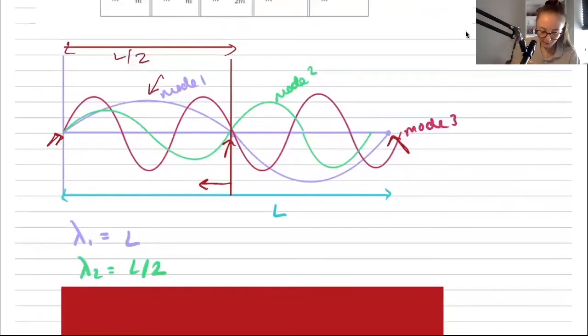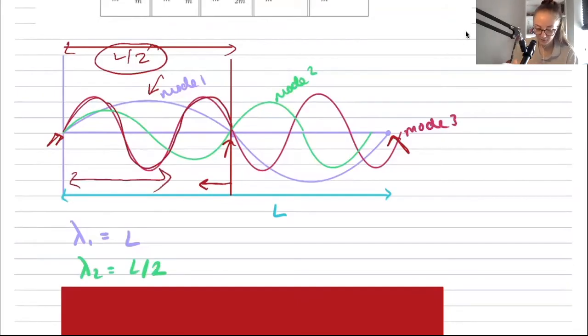And then finally, we have 3 half wavelengths, but in this L over 2, remember. So the wavelength here would be 2/3 of this L over 2 length, which is L over 3. So we can see that we have a progression here that goes L, L over 2, L over 3, next would be L over 4, etc. So it would be this option here: lambda m is L over m.